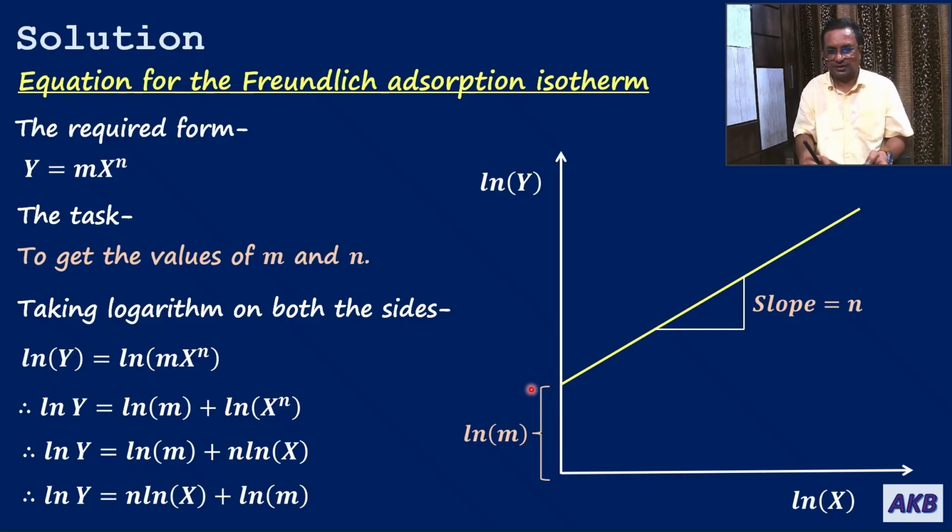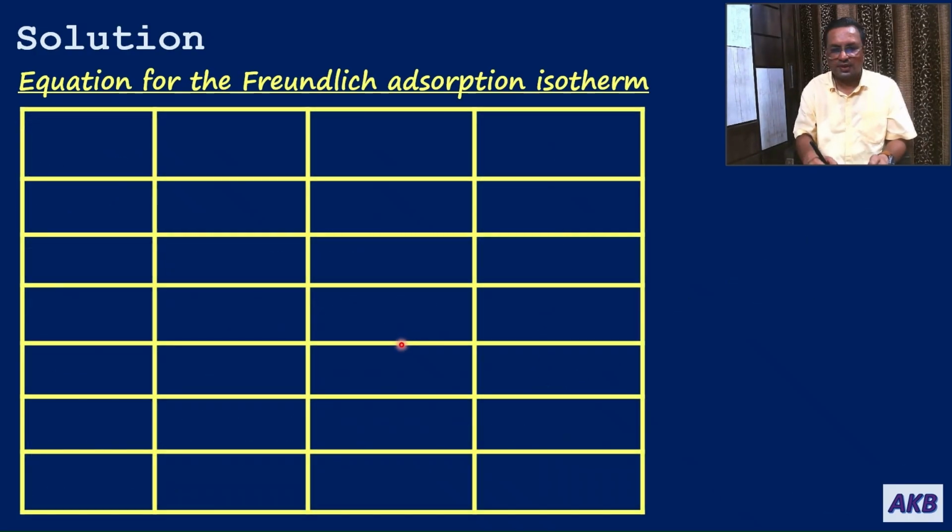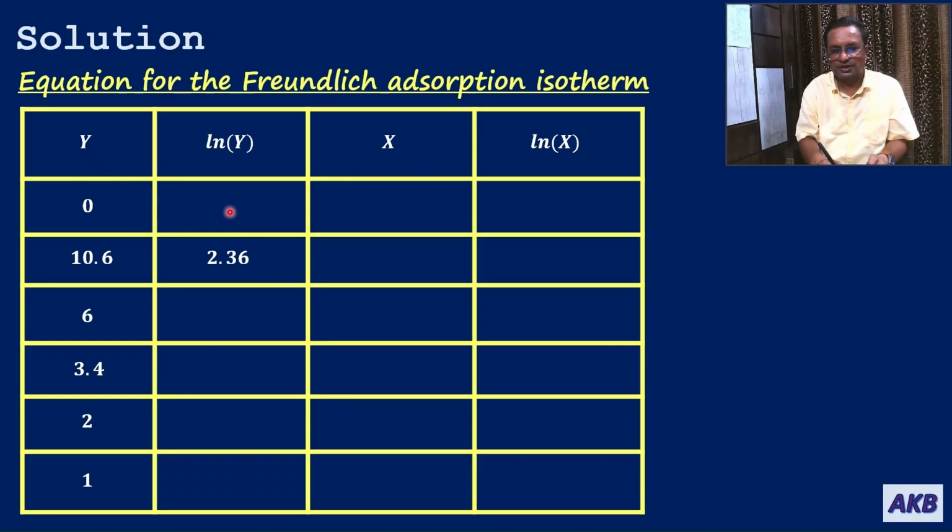So let us move ahead. The next task is, we are going to plot this graph. For that we need to get the values of ln of y and ln of x first. I have prepared this table. I have collected all the values of y that we have obtained, and forget about the first row because ln of 0 is not defined.